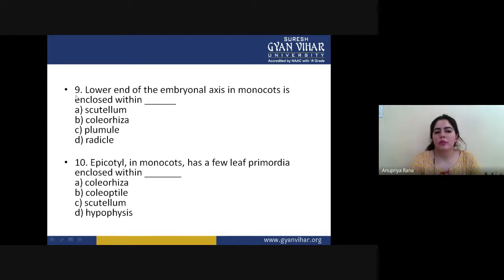The scutellum answer you did in the ninth section... If the root is covered, it is inside the coleorhiza, and if the shoot is covered, it is in the coleoptile. Sorry, this answer is coleoptile, not scutellum. Coleoptile for the epicotyl and coleorhiza for the lower embryonal axis.